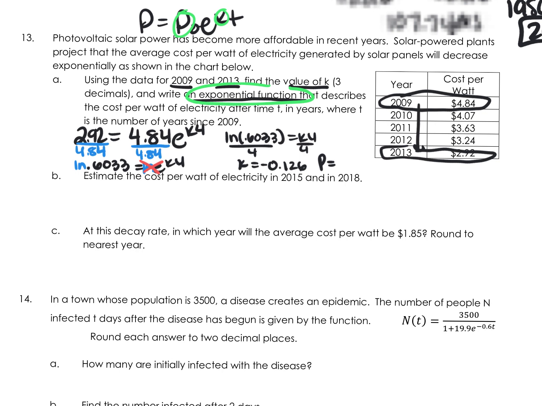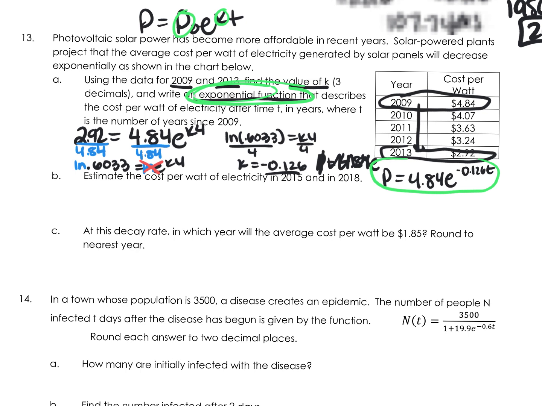Your equation will be P is equal to your starting amount, 4.84, e to the, and we'll use the k that we just found and leave a t in there. So P is equal to 4.84 e to the negative 0.126t. This is the exponential function, and that's what you can use to solve the rest of the problems.